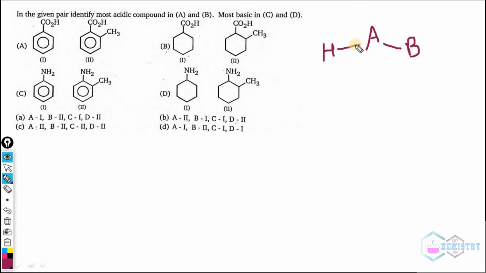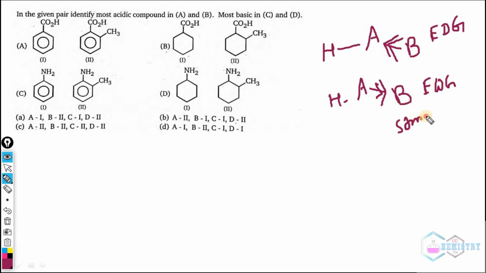Here's a quick tip. This is the structure of an acid. Now this hydrogen is acidic and it is attached with atom A. If B is providing an electron donating effect, that is, if B is an electron donating group, the acid will be weakened. But in the same compound, if B is an electron withdrawing group, the acid will be strong.